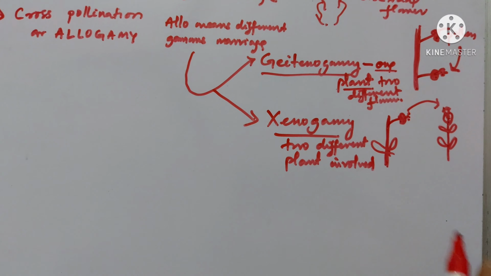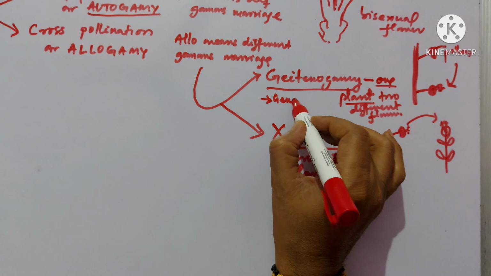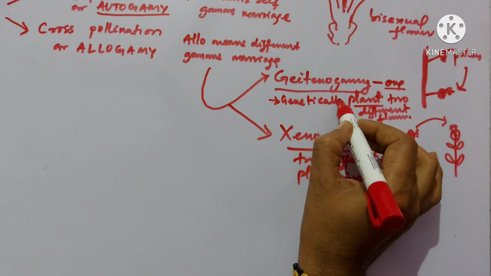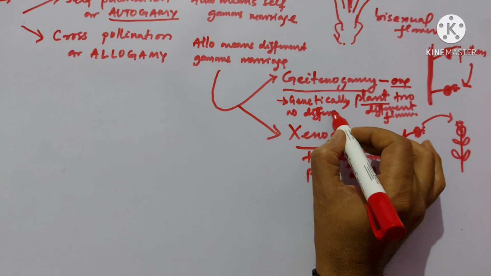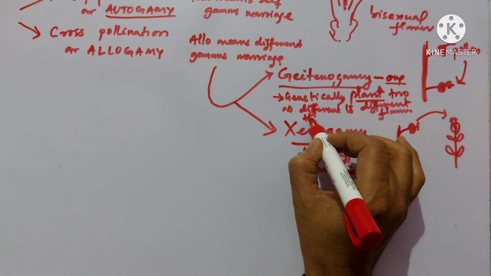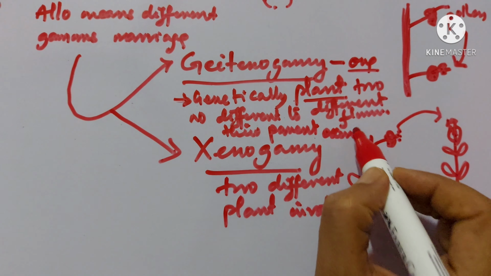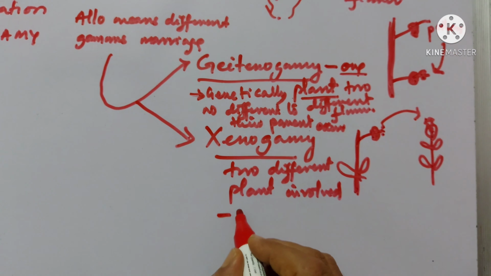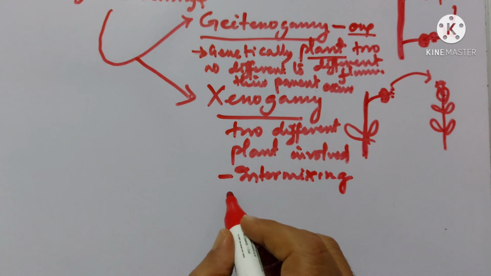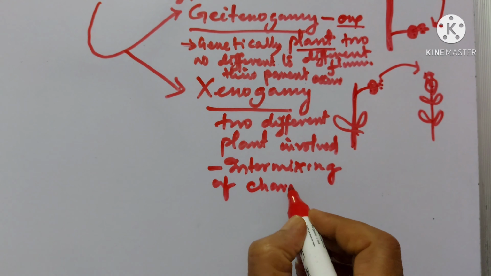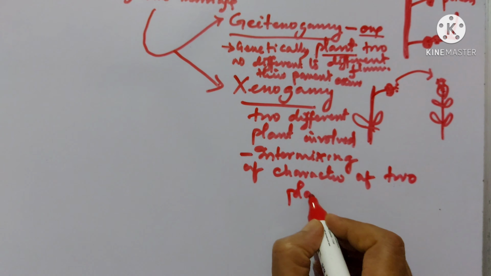We can say geitonogamy is genetically no different from the parents. But in xenogamy the intermixing of characters of two plants is found.